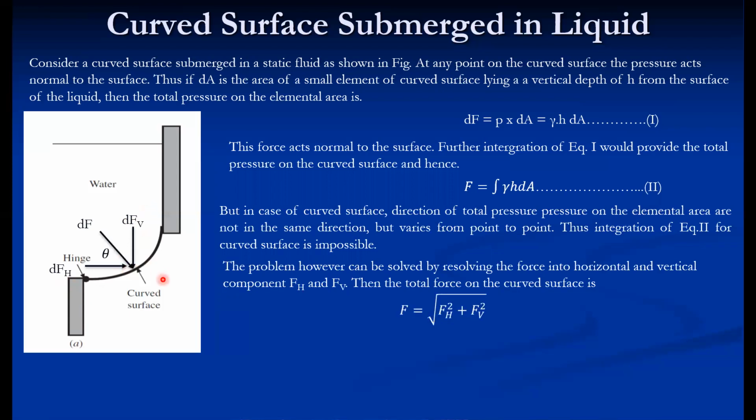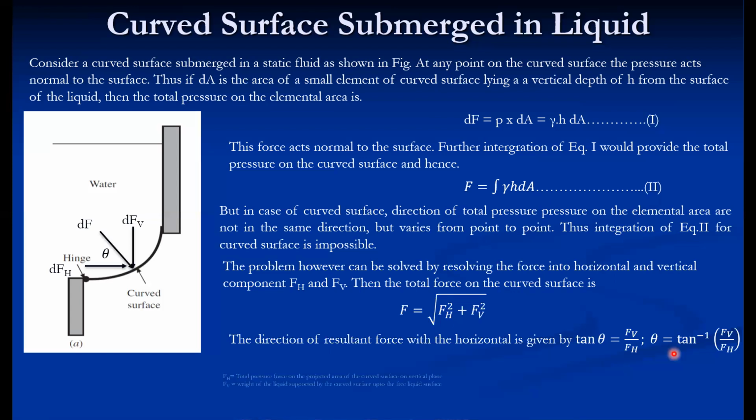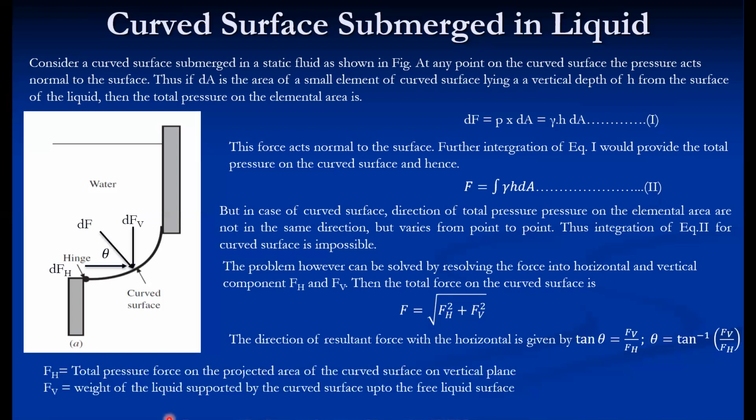Then the total force is calculated as F equal to the square root of Fh square plus Fv square. And the direction of the resultant force, if it makes angle theta with the horizontal, then tan theta is equal to Fv upon Fh. So theta is tan inverse of Fv by Fh.